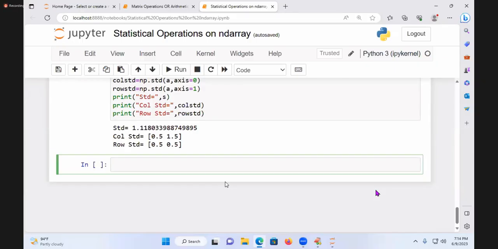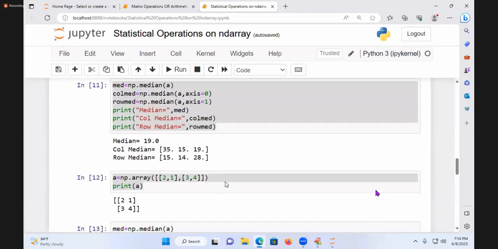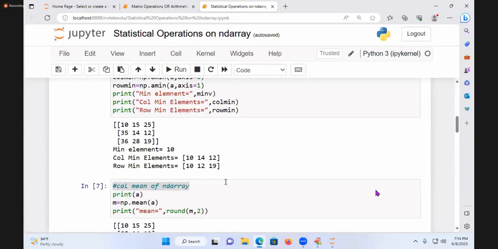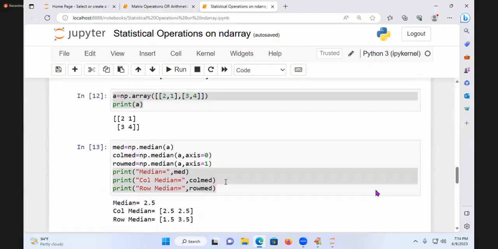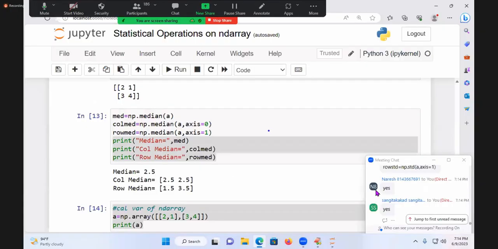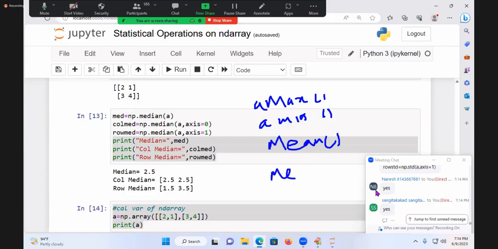Are you following? Now, this is about the concept of standard deviation. What have we seen here? We have seen max, min, mean, median, variance, and standard deviation.